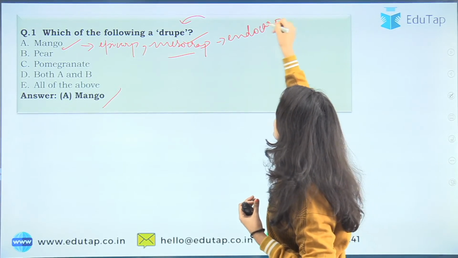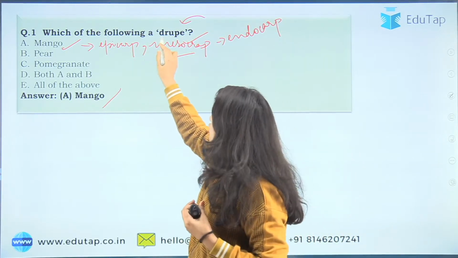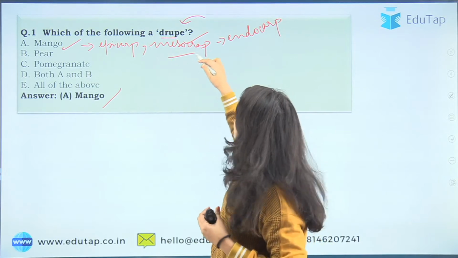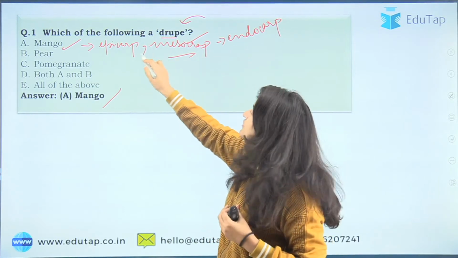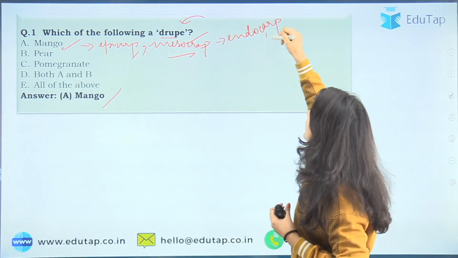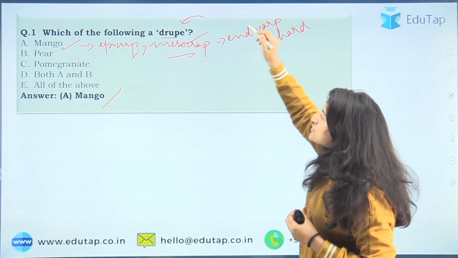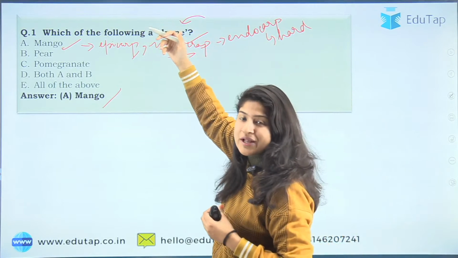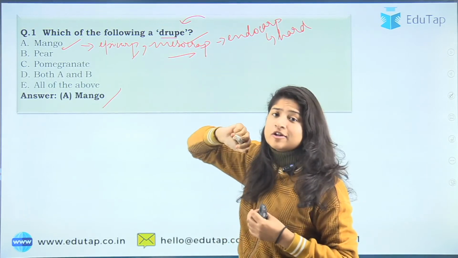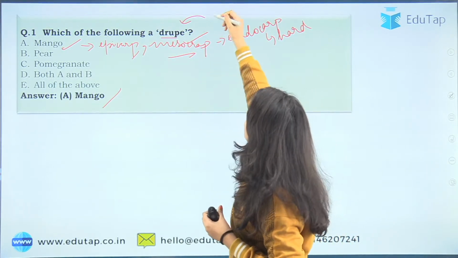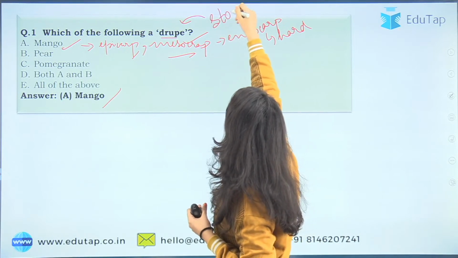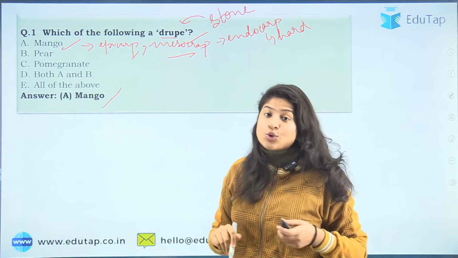Do remember that drupes are fruits in which we eat the mesocarp, and which have an epicarp, mesocarp, and a hard endocarp. Such fruits are known as drupes, and Gaurav also gave the correct answer. Do remember that drupe fruits are also known as stone fruits.